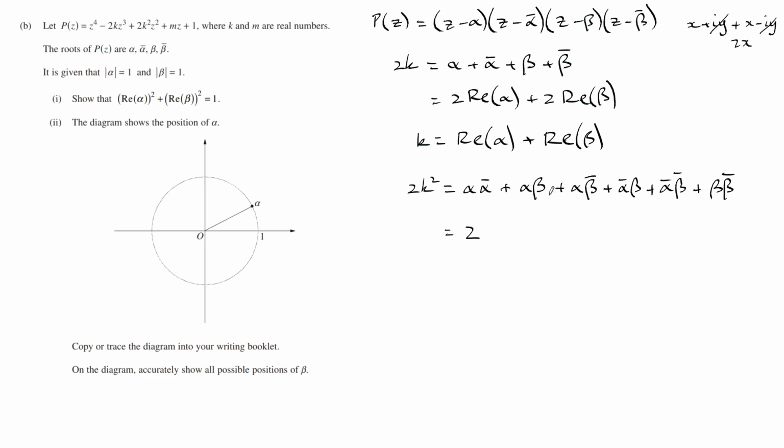Like with this, I could pull out an alpha. And then this, we can pull out an alpha bar. And then that's great because we've got this repeat of the beta plus beta bar, so we can factorize that even more.